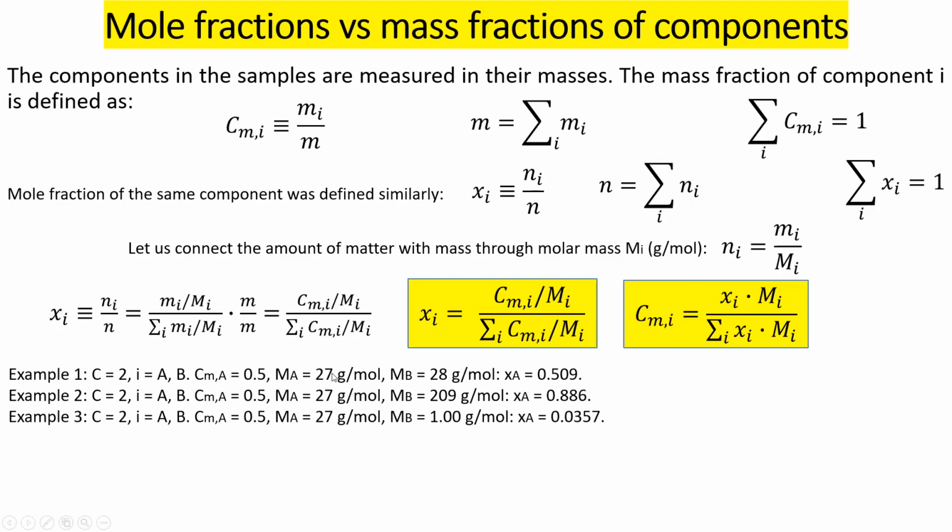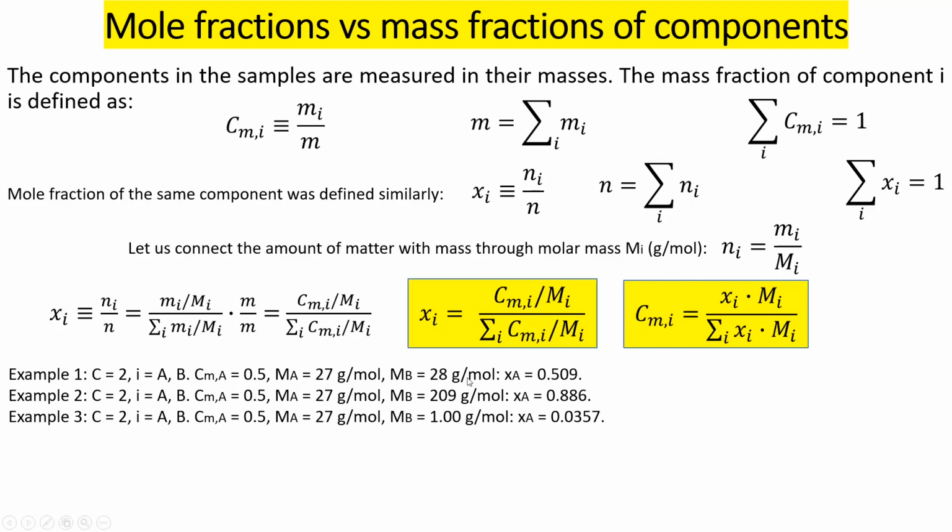In all the 3 examples I consider the same atomic mass for component A, which is 27 gram per mole. By the way, this is the case for aluminum. But in the 3 examples I will consider different values for the atomic masses of component B. In the first example, I take 28 gram per mole, which is approximately the atomic mass for silicon.